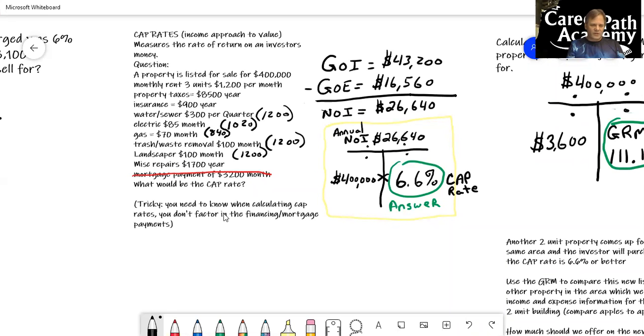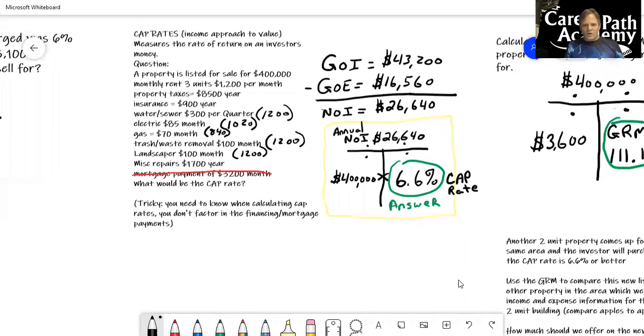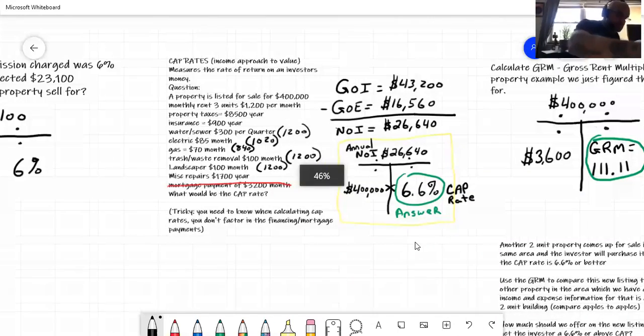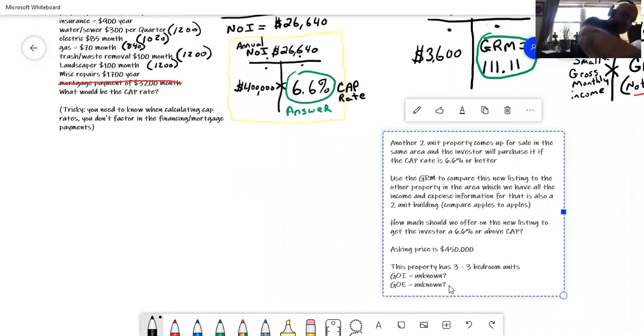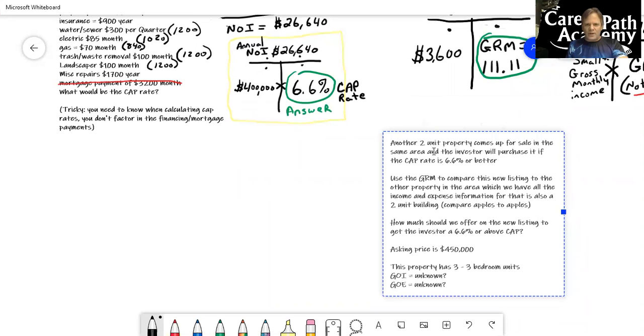All right, I'm going to do it this way. So 900 a month. So we're going to have the property that we know that we have the information for over there.